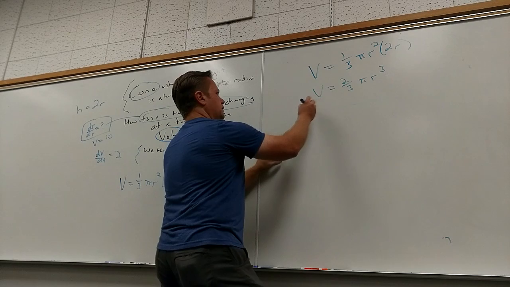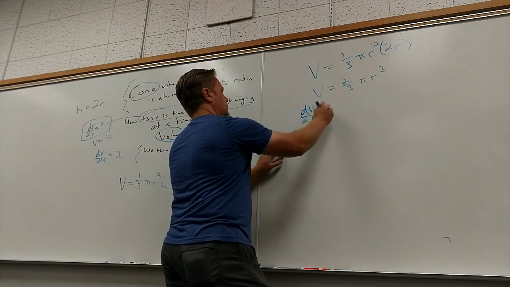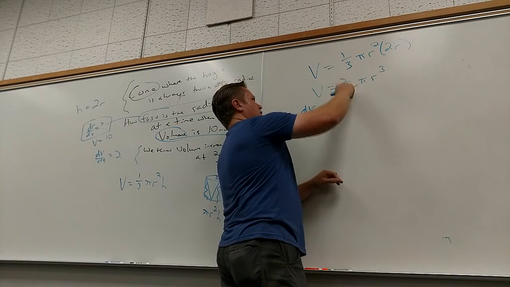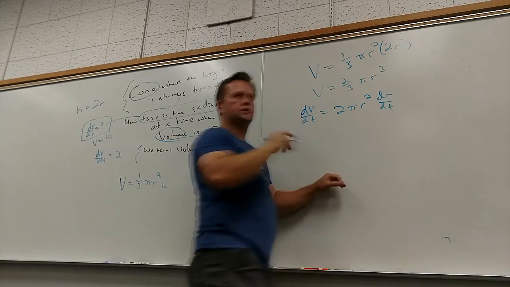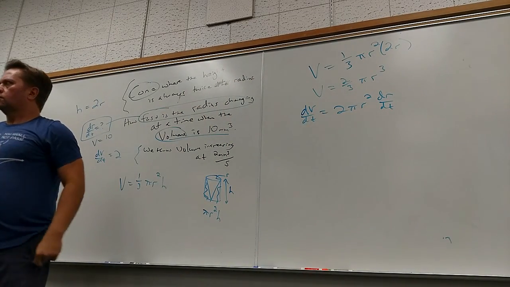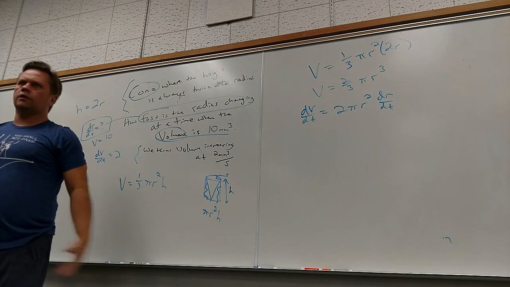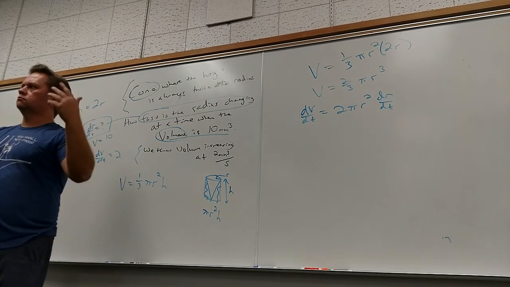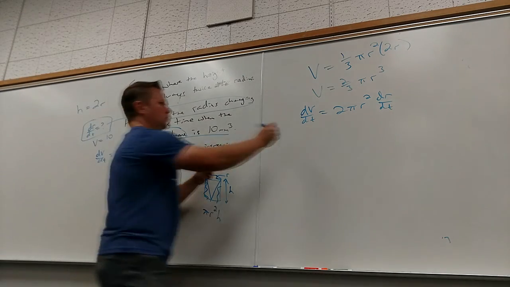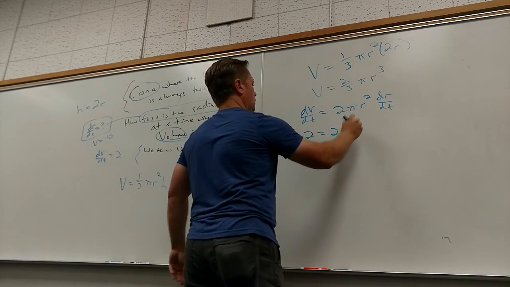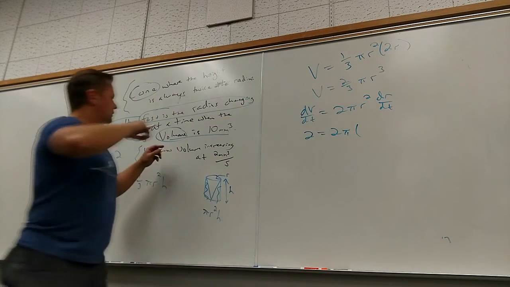So when I do this derivative, it's going to be a lot like the one we just did. We now get 2 pi r squared dr/dt. And now you just throw in there what you know. Just throw it on in there. I know dV/dt is 2. Now, here's the interesting thing.